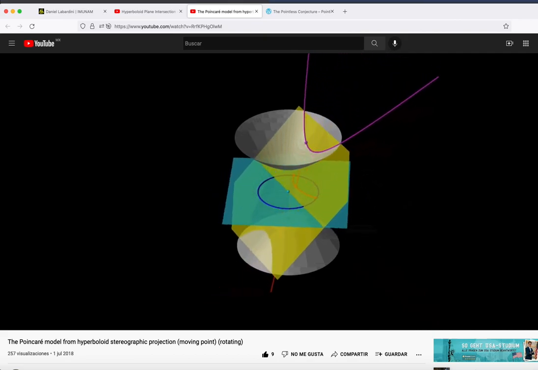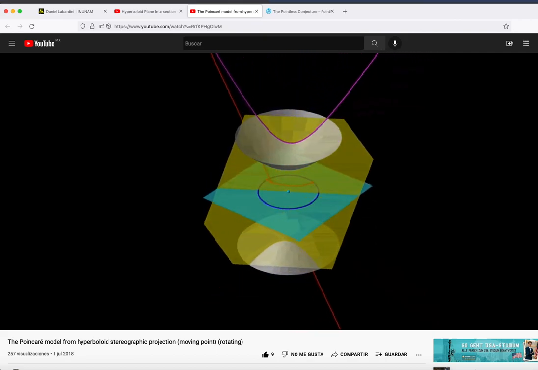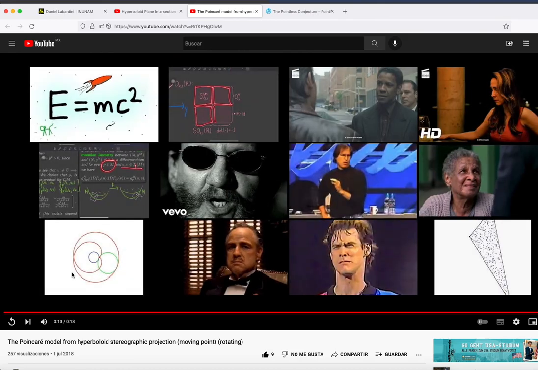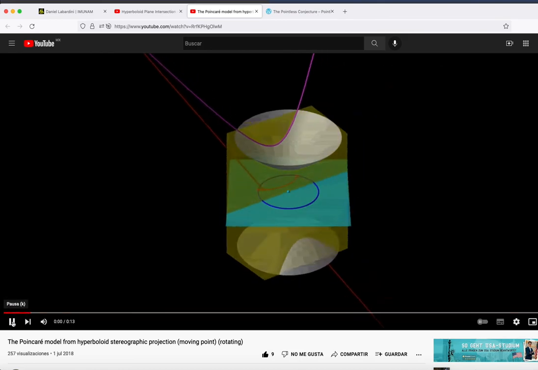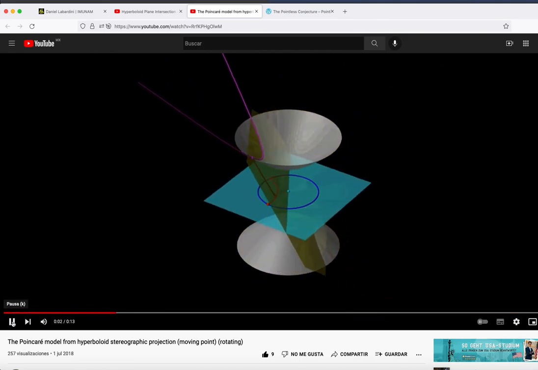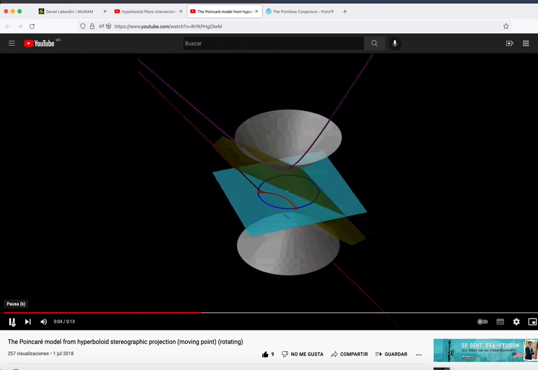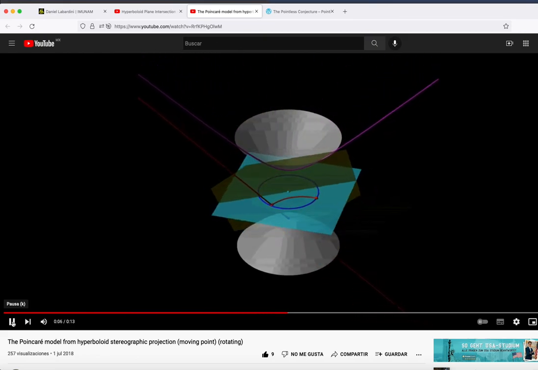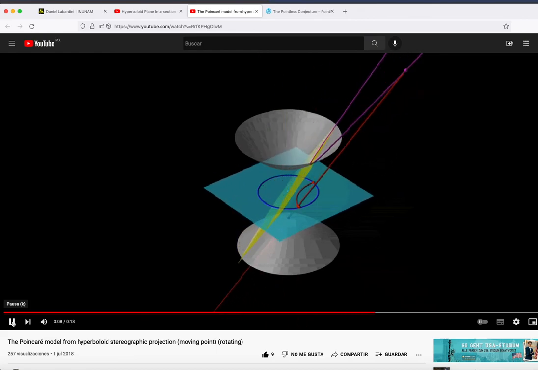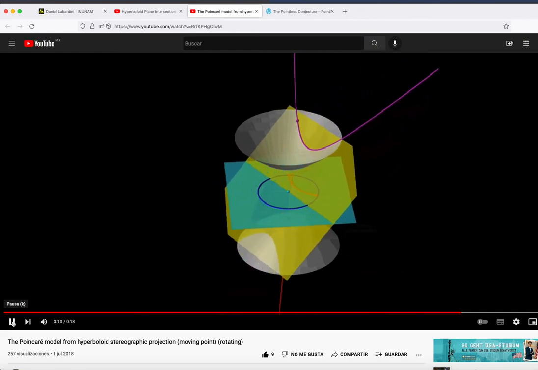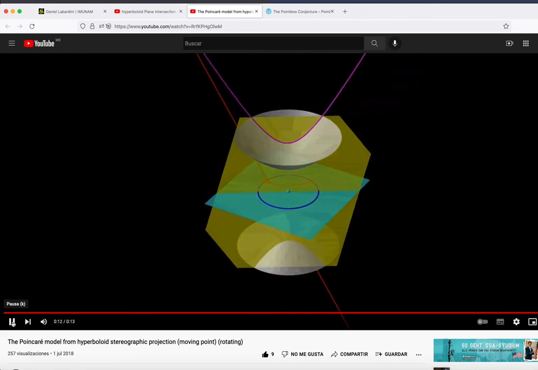Something one should not get confused about: the plane you are seeing there is not the one from the stereographic projection. The stereographic projection is not from the origin, it's from (0, 0, minus 1).